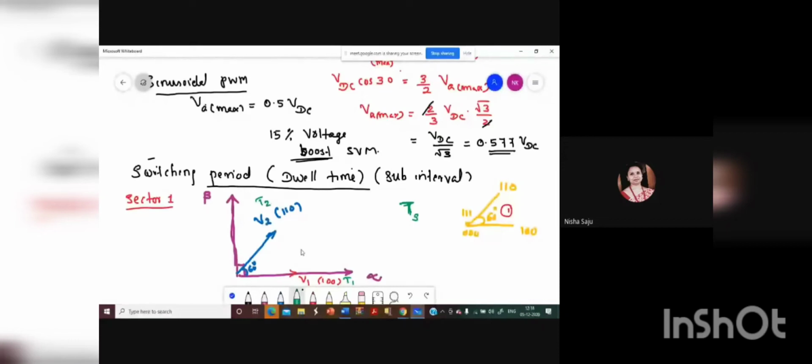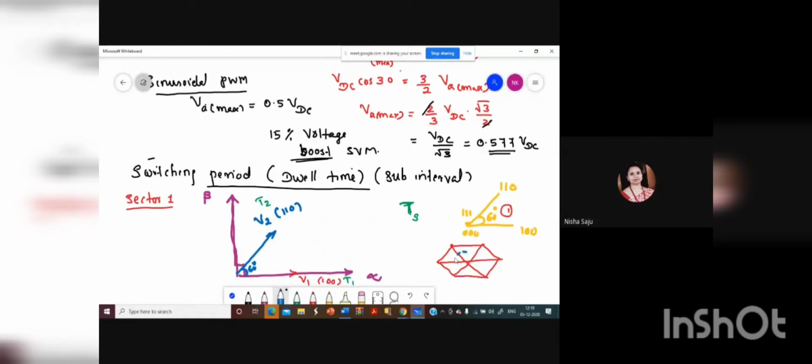So now you have to consider the reference vector. It should be the sampled reference vector. What do you mean by sampling? If you are taking this hexagon phase structure, inside this hexagon you will be having a circle.